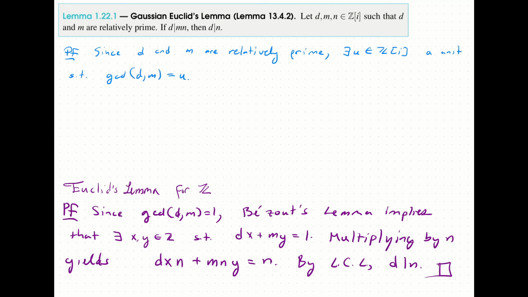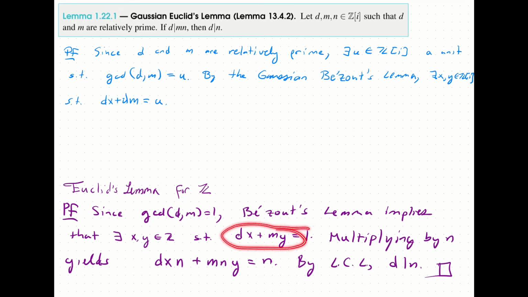Next thing, just as before, we apply Bezout's lemma. So by the Gaussian Bezout's lemma, there exist x and y in the Gaussian integers such that we have dx plus my is equal to u. And so we are now at this stage of the proof.